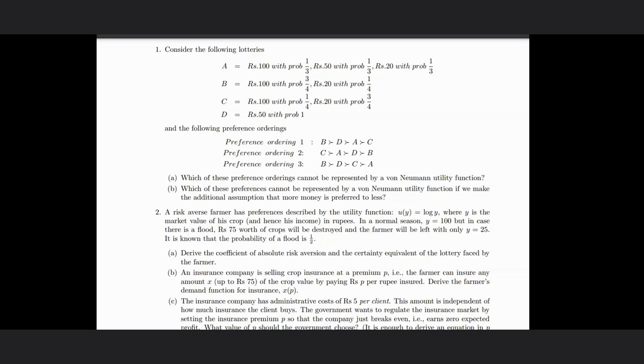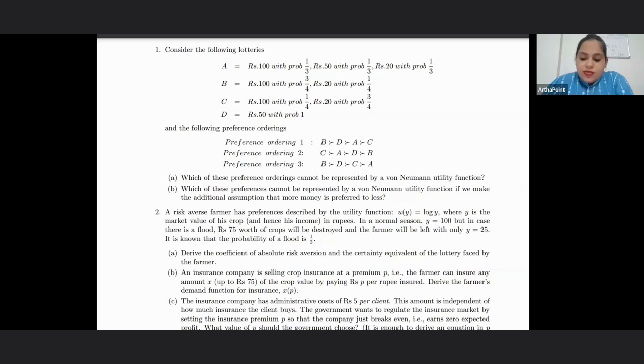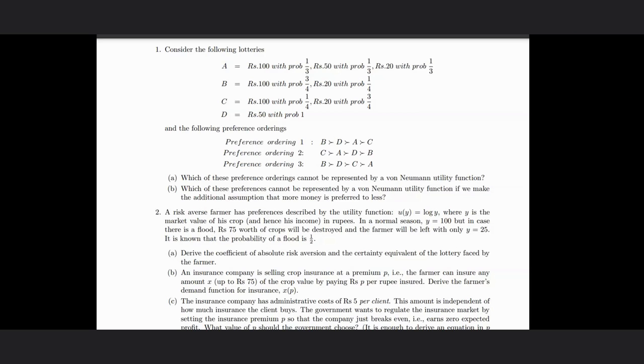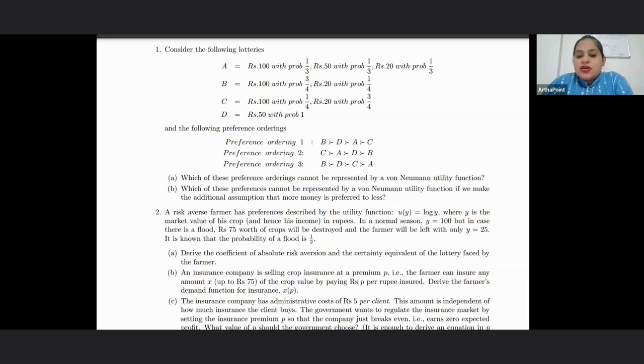Now I have calculated, if the farmer invests in insuring amount X, as it is shown here, in the normal scenario the farmer will be left with 100 minus P into X of P. While in the worst scenario, where flood occurs, the farmer will be left with 25 plus, which is the normal one, plus P into X of P. Since I have assumed, wouldn't it be 1 minus P into X?